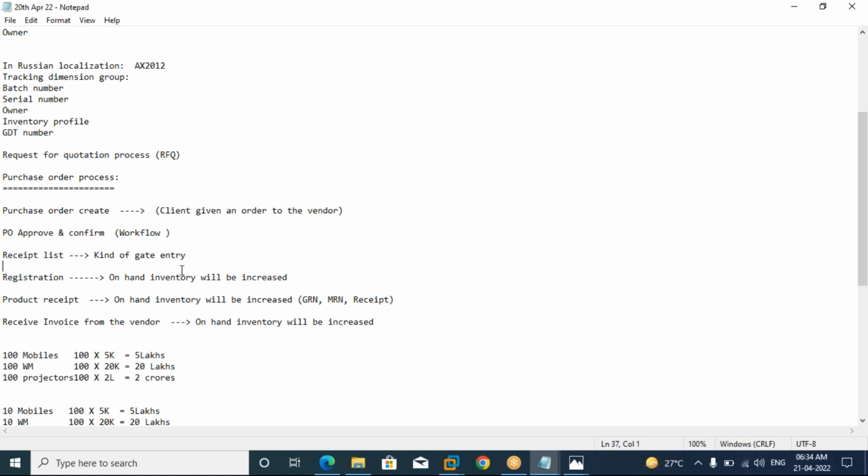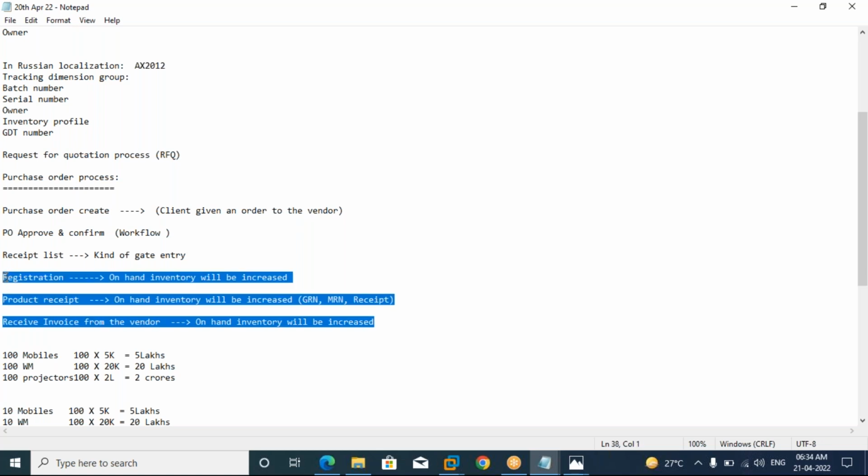Then registration. Registration means on-hand inventory will be updated if you do registration. At the time of product receipt, on-hand inventory will be increased. At the time of invoice also, whenever you receive the invoice copy, on-hand inventory will be increased, whichever is earlier.